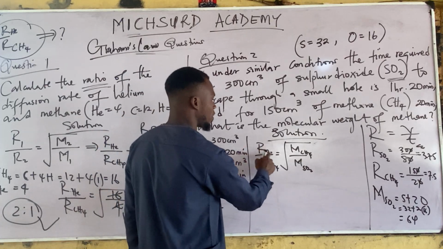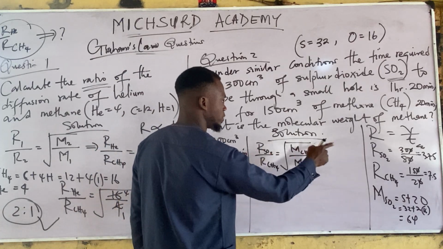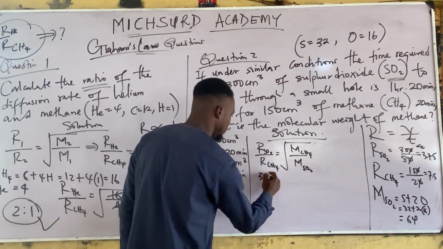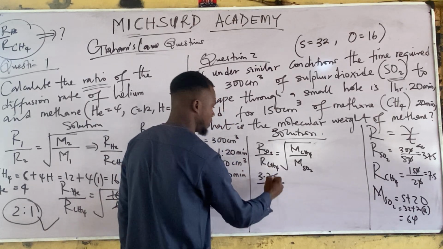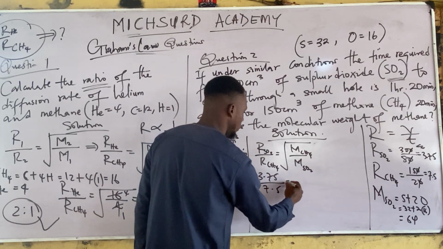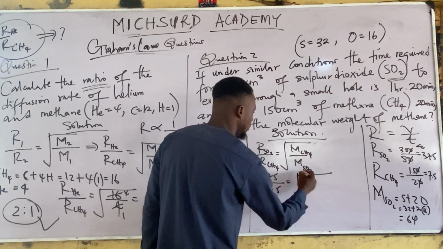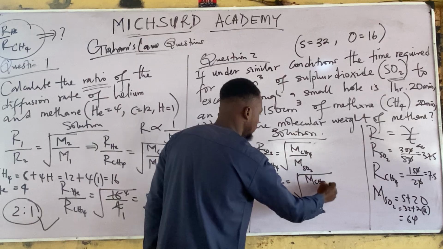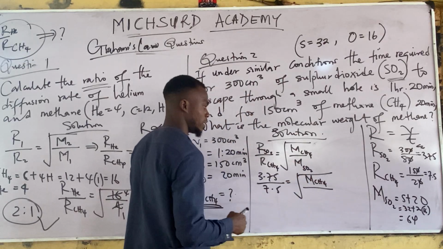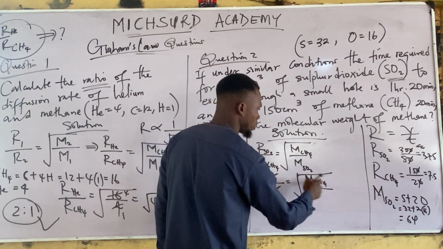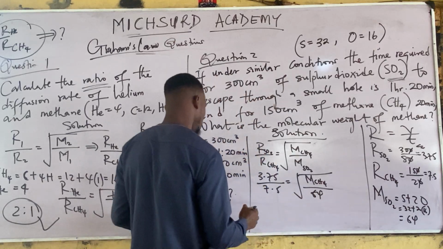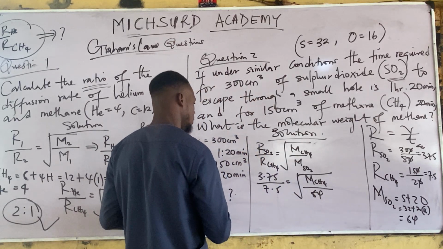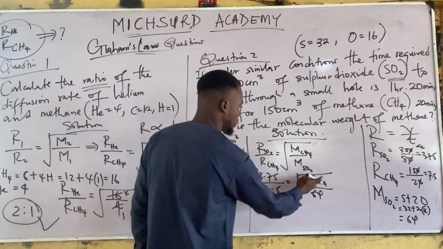Our rate of diffusion of SO2 is 3.7 from our calculation, and the rate of diffusion of methane is 7.5, equal to the square root of the molecular mass of methane, which we are looking for, divided by the molecular mass of SO2, which is 64.